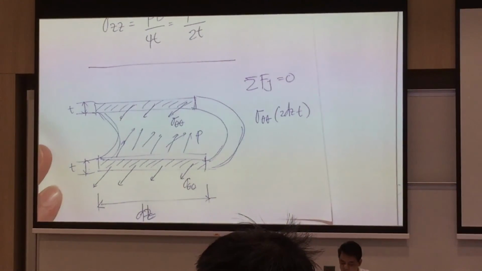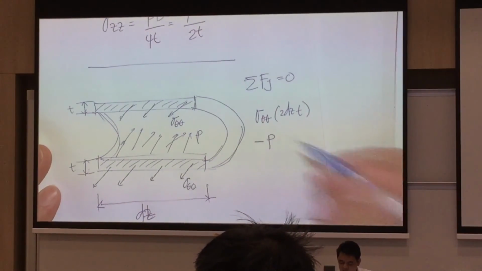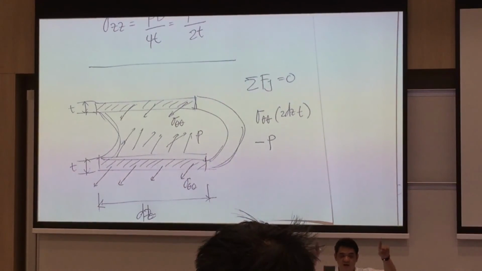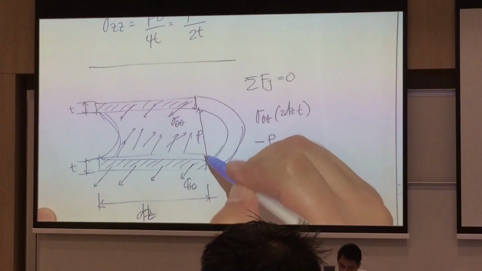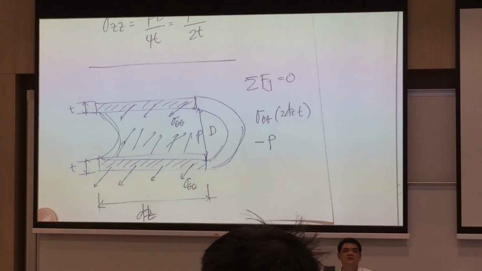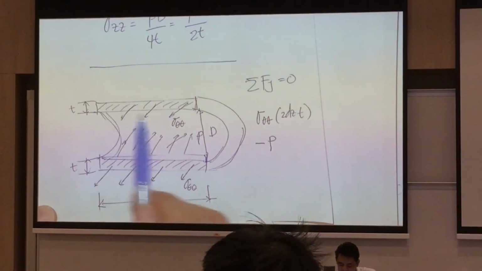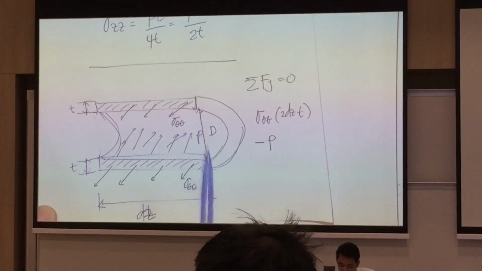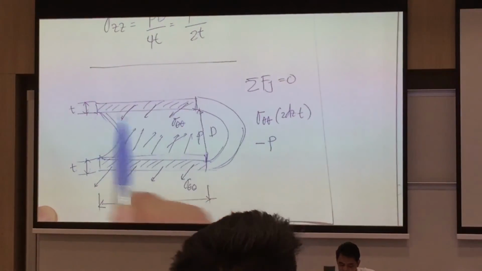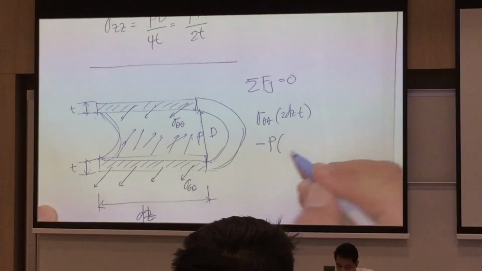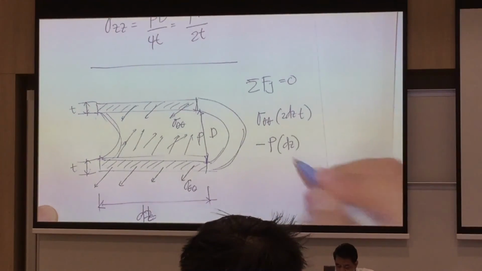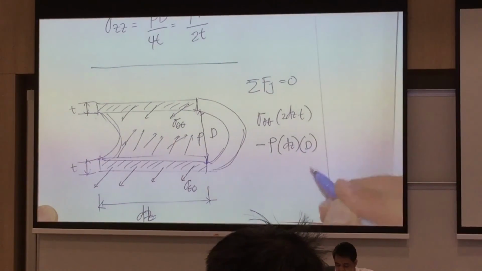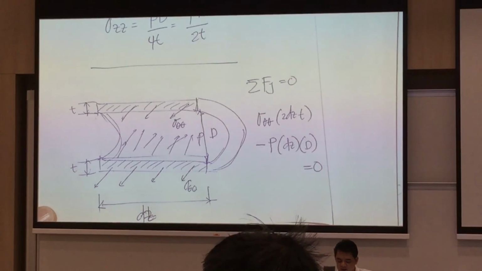And then what about the other one? Minus the pressure. What will be the area it's acting on? So assuming that is your diameter, the pressure will be acting on this area. Length, or dz, multiplied by D. So this now is equal to 0.